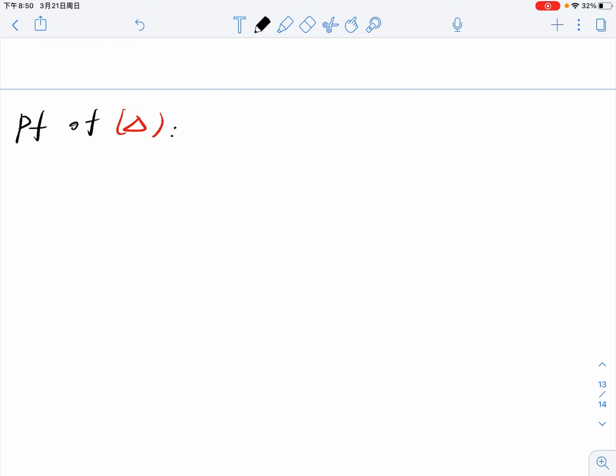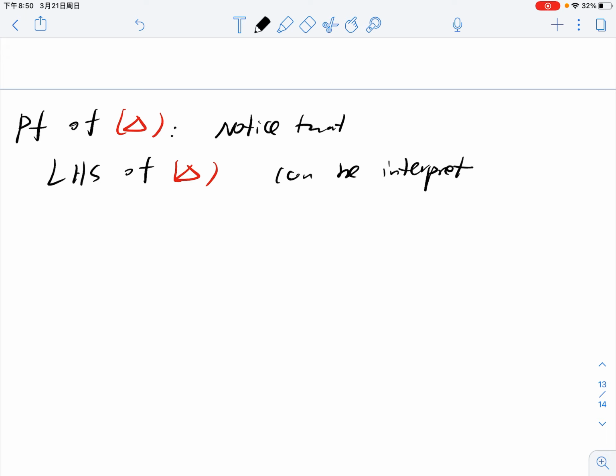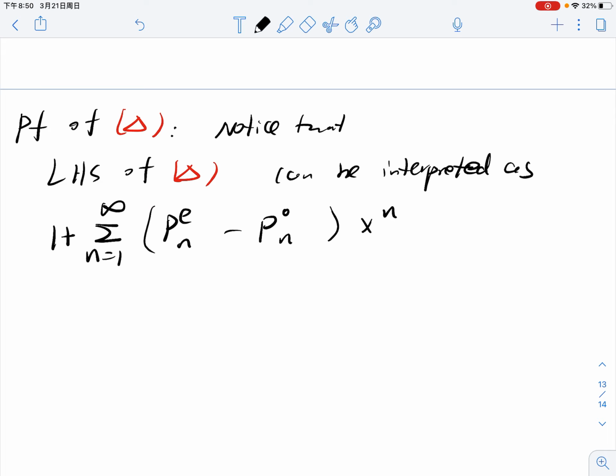So first, note that the left-hand side of star can be interpreted as 1 plus the sum over n from 1 to infinity of (Pe(n) minus Po(n)) x^n. So what is Pe(n)?